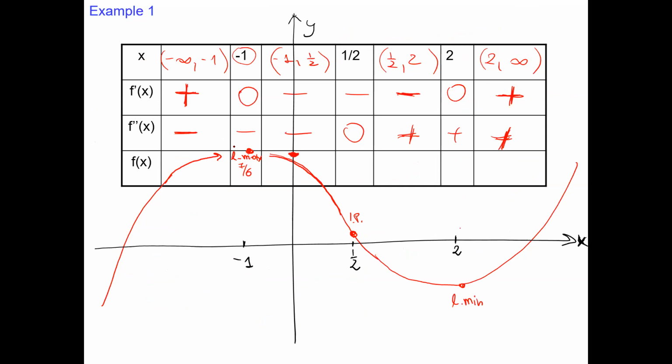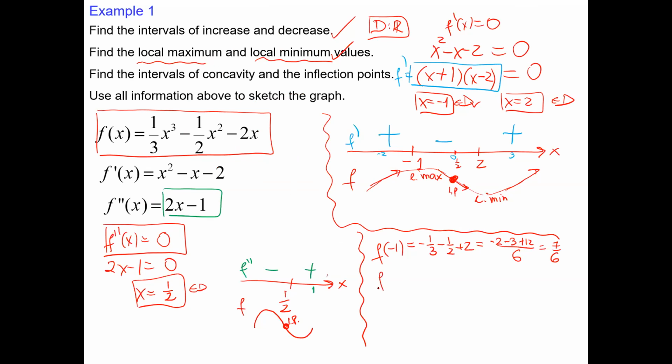Now let's substitute 1/2. Then we will have an idea. 1/2 cubed is 1/8. Then we will have 1/24. 1/2, 1/4, 1/8. And 1/2 times negative 2 is actually just negative 1. Okay, let's say 24. 1 minus 3 minus 24.